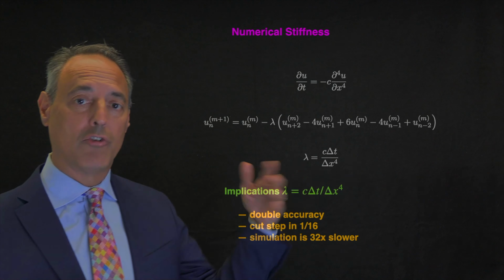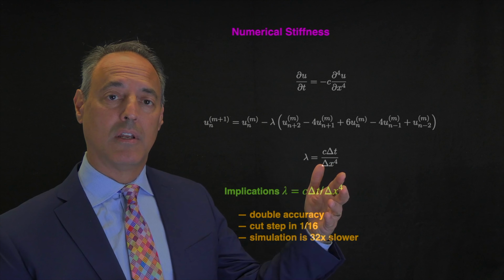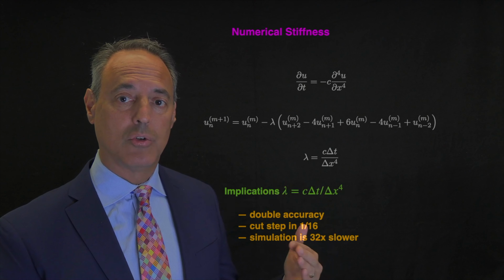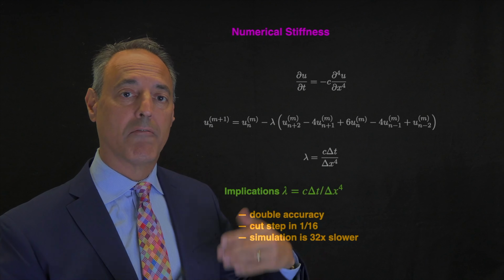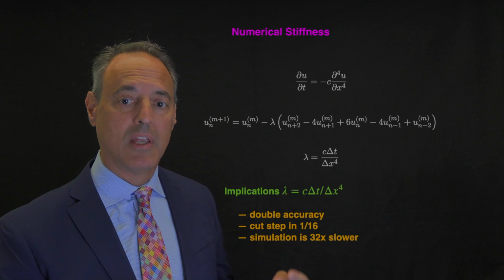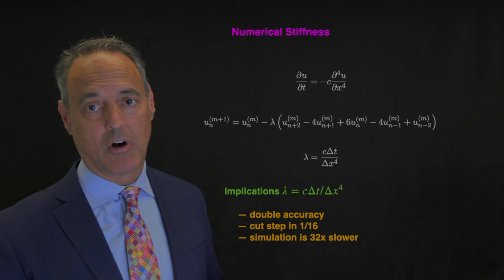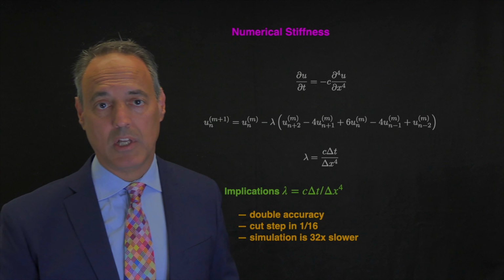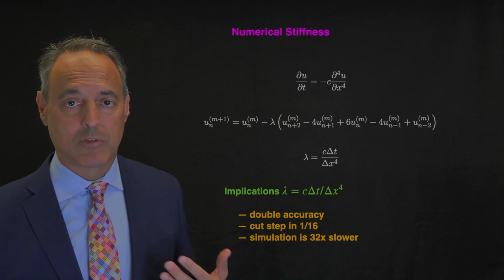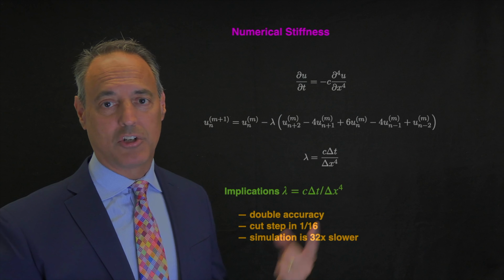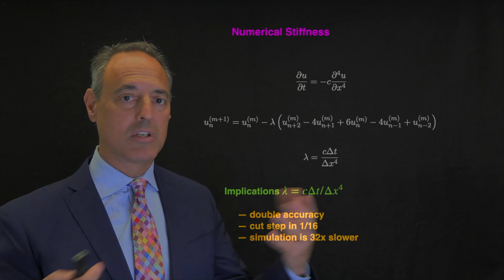This is what's called numerical stiffness. Higher derivatives often create this issue that if you want to resolve them, you have to take very, very small time steps. And it costs you quite a bit to then resolve the behavior well. So, 32 times slower. If your code took an hour, all of a sudden it's taking you 32 hours just to double accuracy.